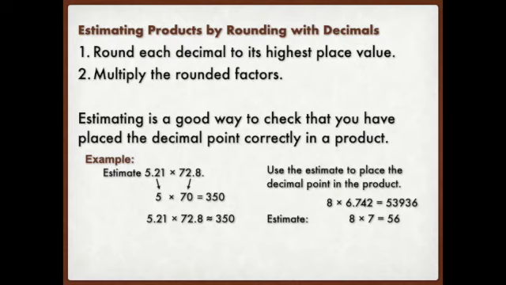The decimal place should be around that 53 because I'm estimating that the whole number is around 53, 56. Okay, so I plug in my decimal place between the 3 and the 9. So I can use 2 ways to plug in the decimal place: one by estimating, and one by just counting how many decimal places I have.